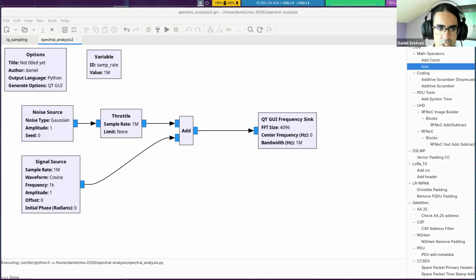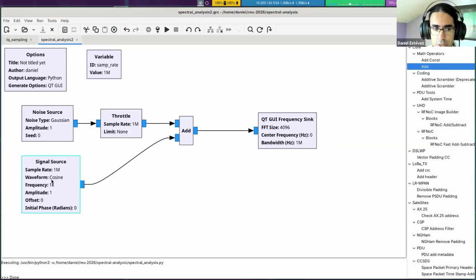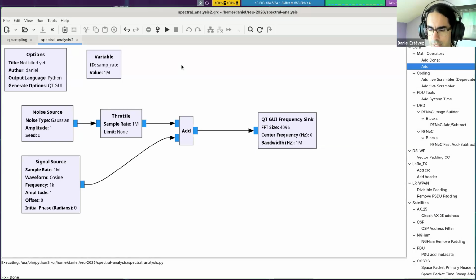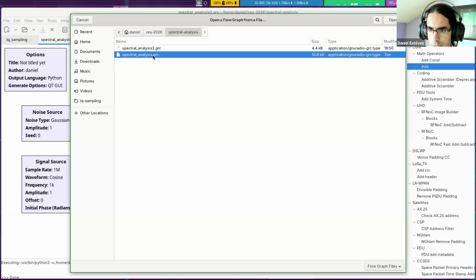Okay, so we want to do something slightly more sophisticated with this signal, which is we want to be able to control both its frequency and its power. And if this works, I'm going to copy and paste. No, it doesn't. Well, I'm actually going to do it like this.